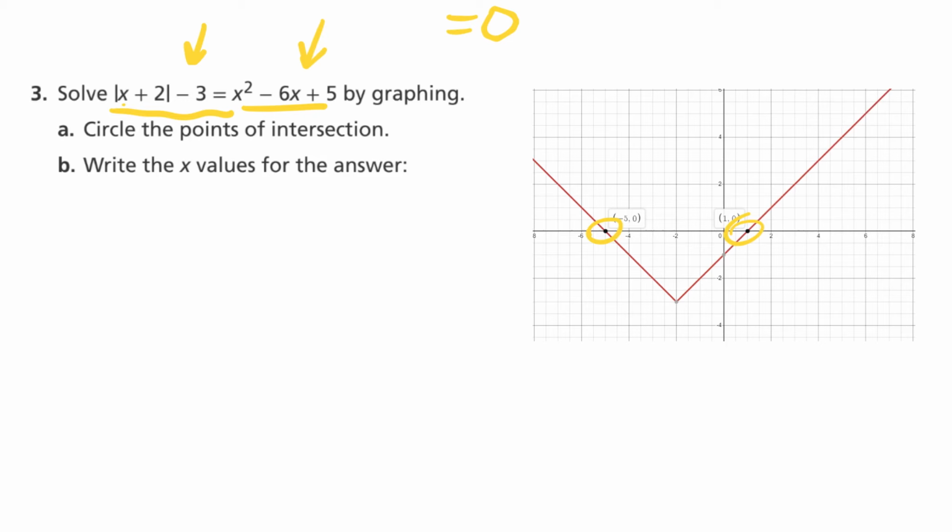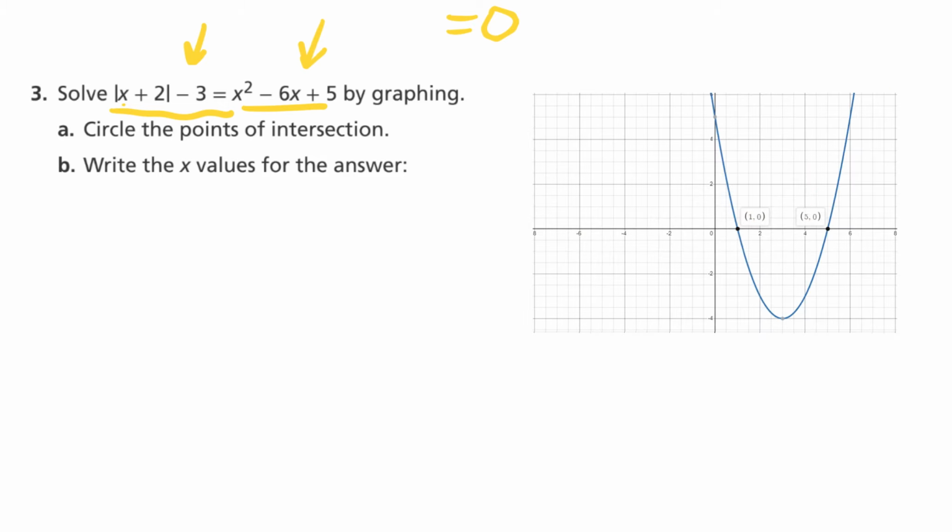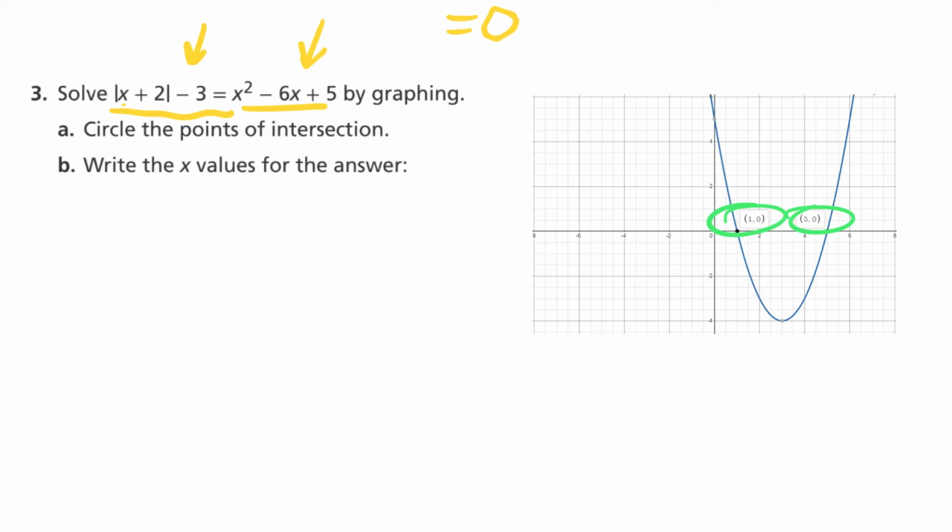So I'm going to next graph the second equation, which is the quadratic equation, x squared minus 6x plus 5. It looks like this. And again, you can see that I've highlighted the x values. That would have been the solution to that equation if that's what we were being asked. But what we have here is two equations set equal to each other. So when we have two equations that are set equal to each other, what we're interested in is when they intersect one another.